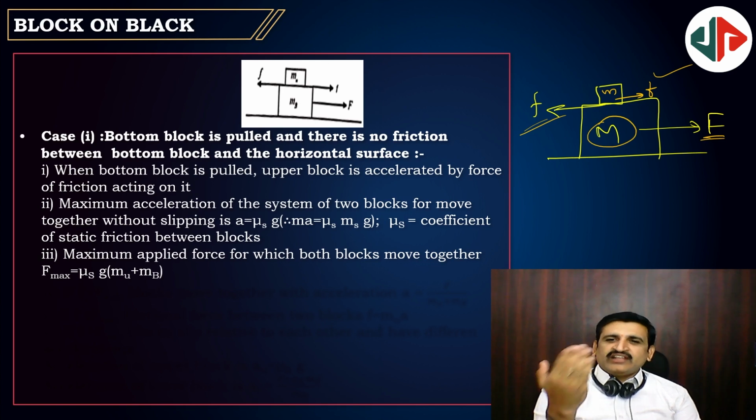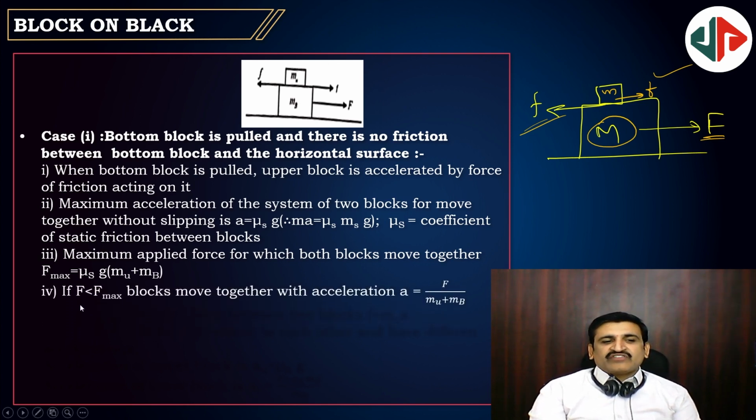If that is also possessed by the lower one, then it can go with A equal to mu g. Then the maximum force needed, without having relative motion between the two blocks, is mu g into, that is acceleration into mass, small m plus capital M, the upper one plus the lower one. That's what.